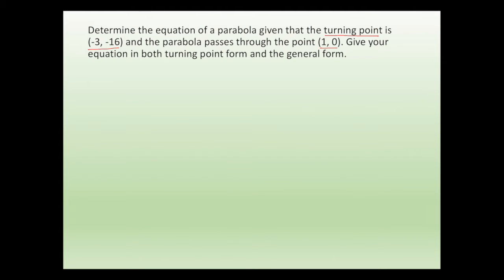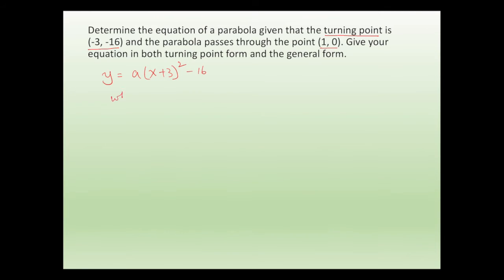You're asked to give the equation in both the turning point form and the general form. In turning point form, y equals a(x plus 3) squared, because plus 3 means you shift the parabola to the left, so minus 3 is indicated on the turning point, and minus 16.